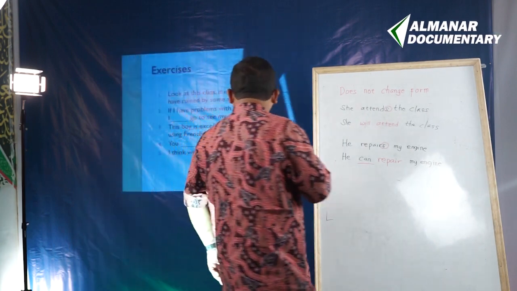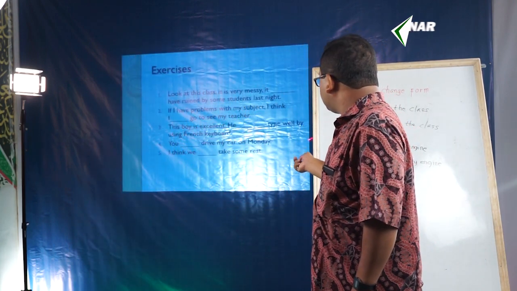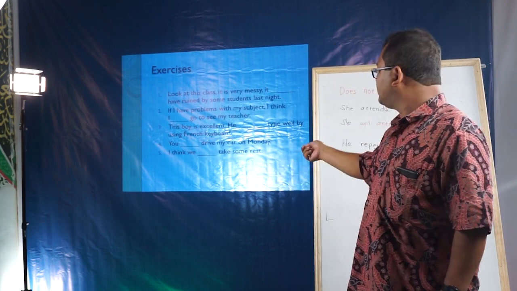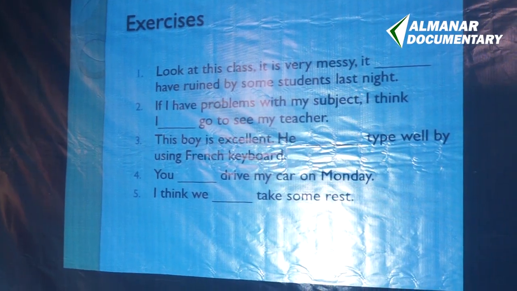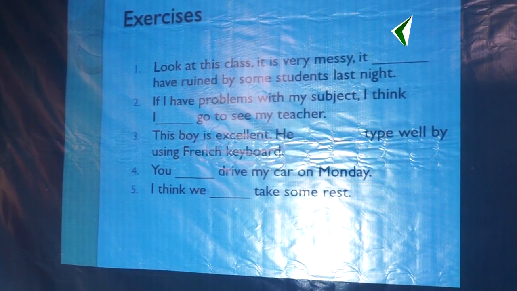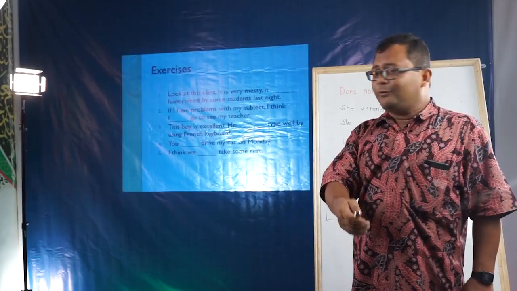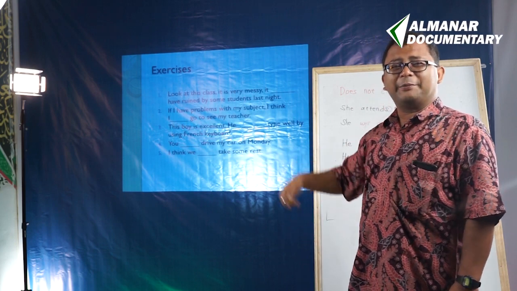And number 3 as well. This boy is excellent. He types well by using a French keyboard. Or what are you going to supply here? Okay. Number 4. You drive my car on Monday. You do drive. You might drive. You are drive. Or what are you going to fill in here? Okay. Based on what we have studied before.